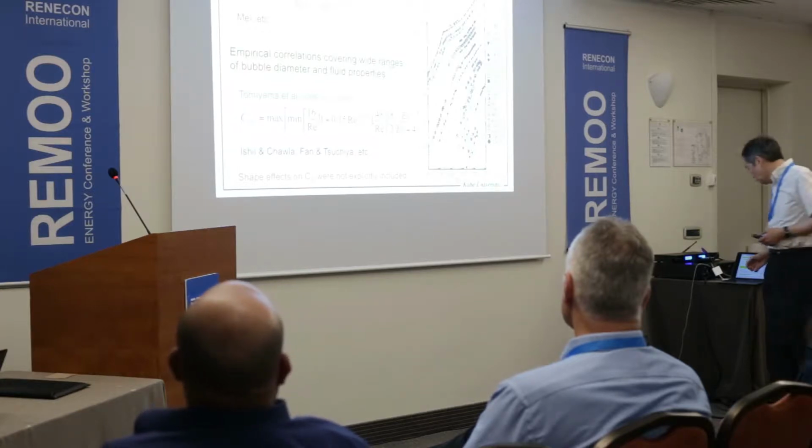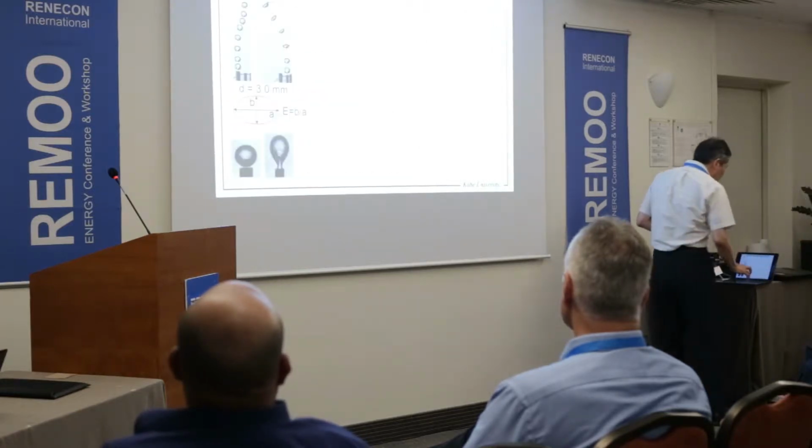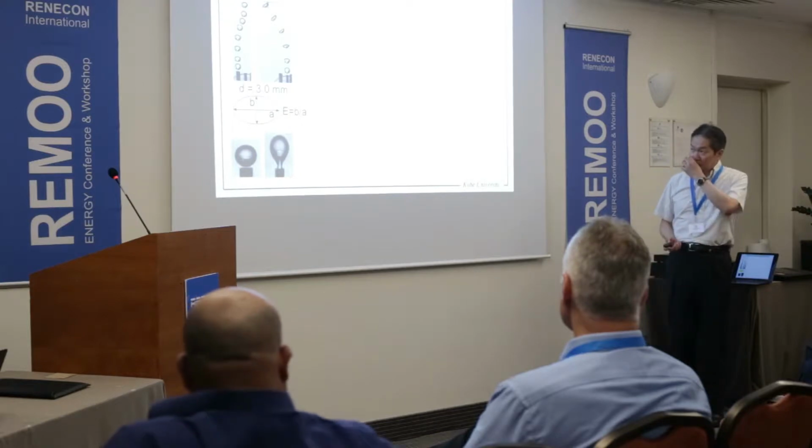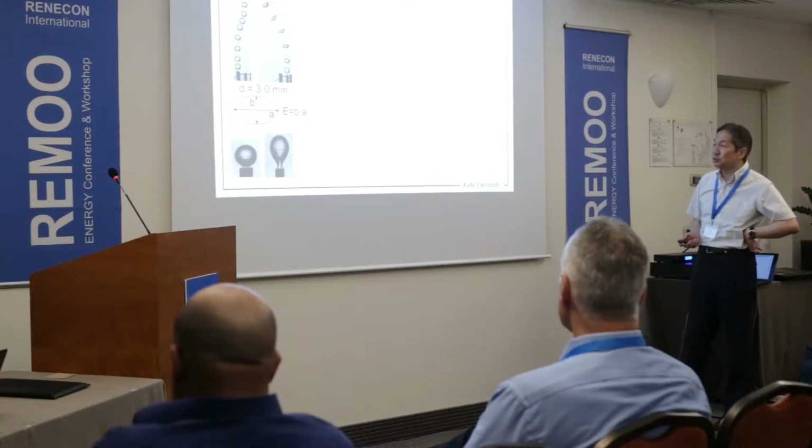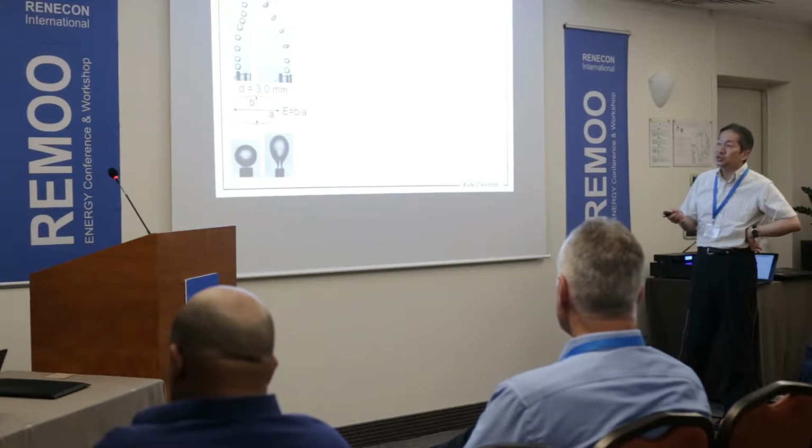That's a problem. So we did some experiments to measure the drag coefficient and bubble terminal rising velocity, using an air-water system in this case. Here we introduced the same size bubble using different nozzles. If we release a bubble from a large nozzle, the initial shape deformation is not so large, and the bubble takes a more or less spherical shape.